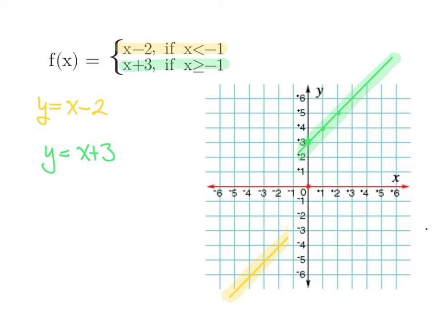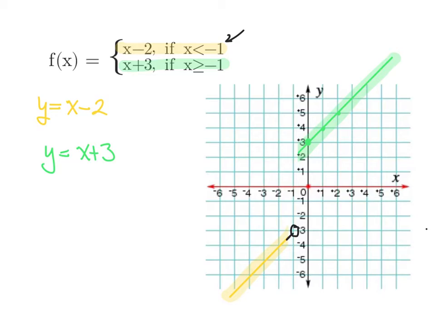Now, we are almost done. We do have to, however, identify what's happening at our endpoints. Because you notice on the yellow line, that happens when x is strictly less than negative 1. And to signal less than negative 1 but not equal to, remember we use this open circle.